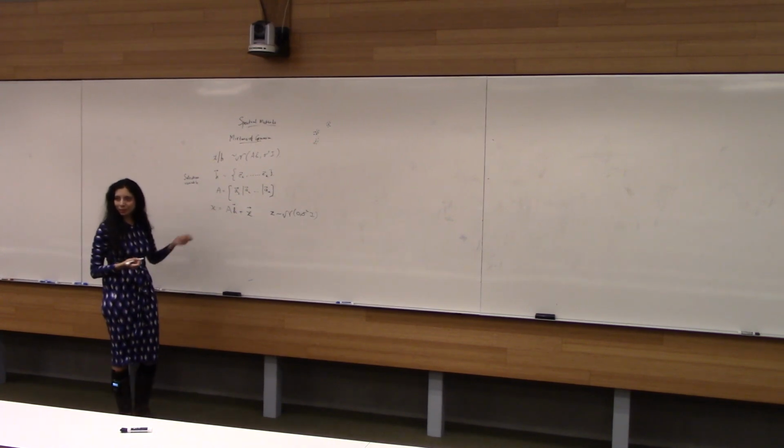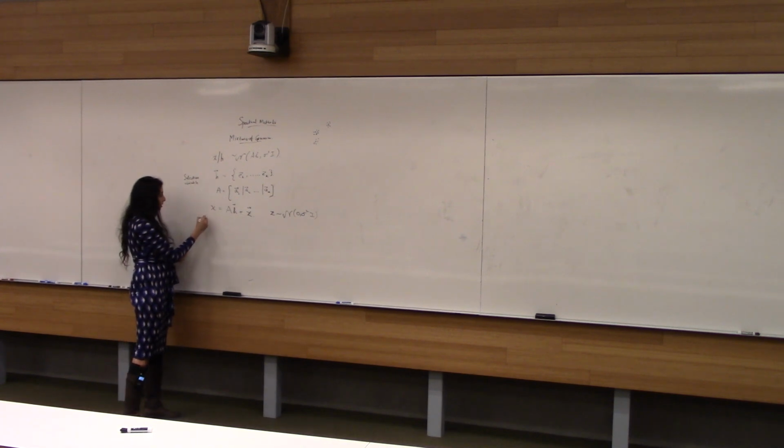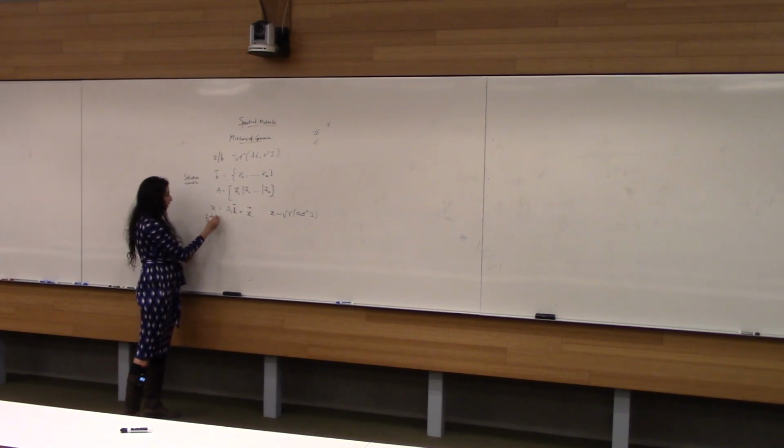We want the covariance matrix. So what will the mean look like?